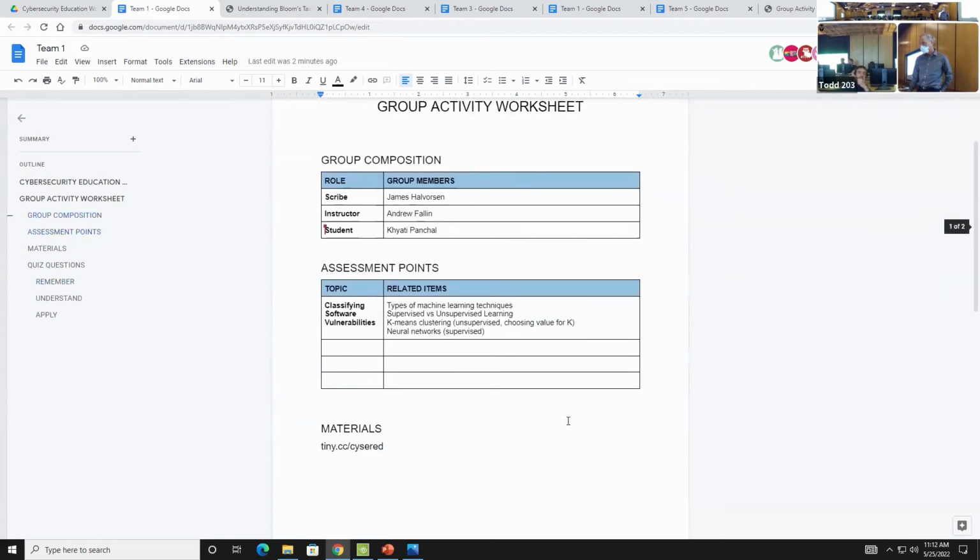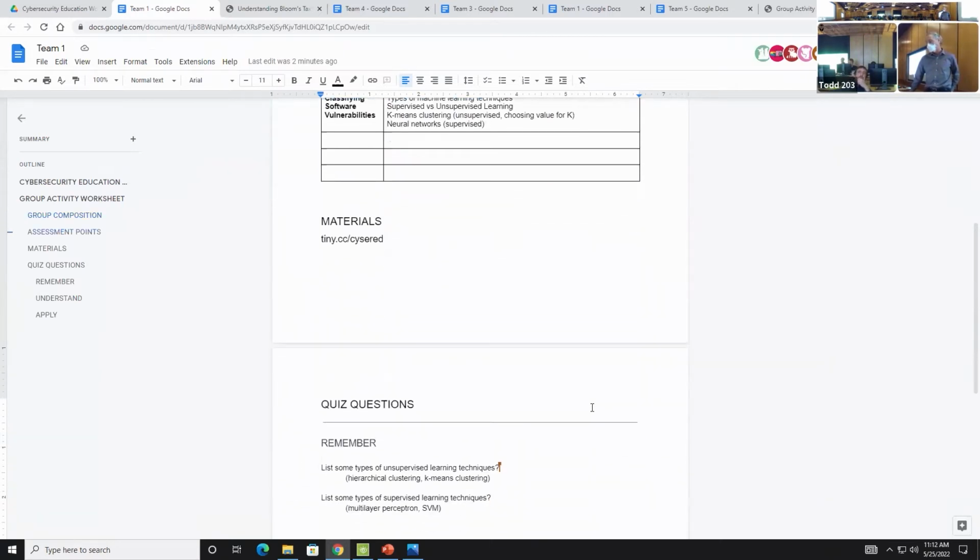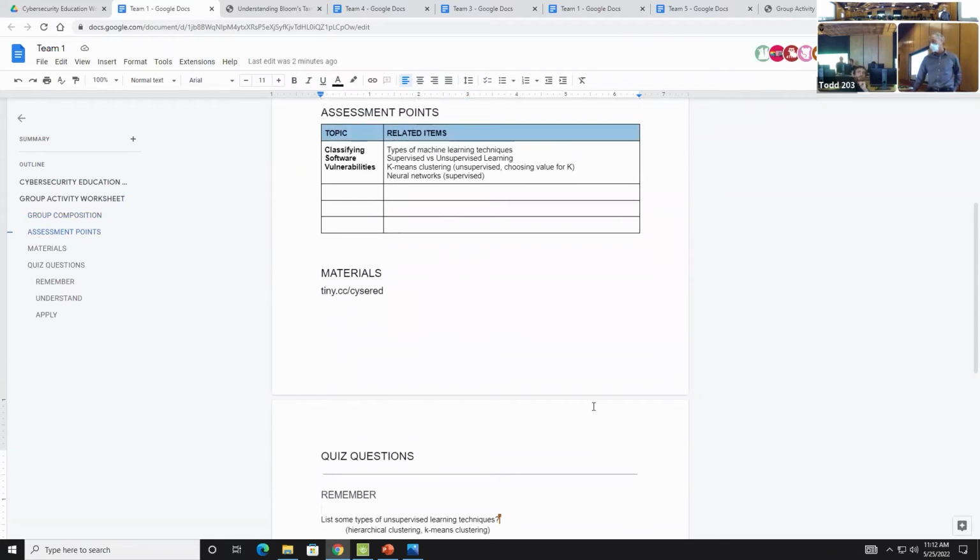A more basic question. The topic is classifying software vulnerabilities. What would you need to remember? Talk about the topic specifically, classifying software vulnerabilities.